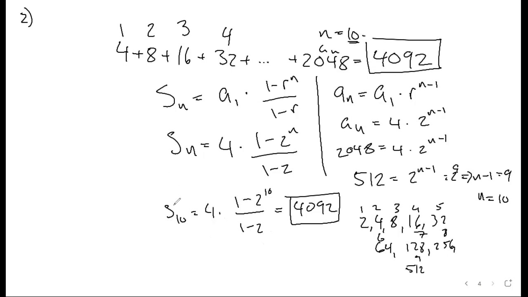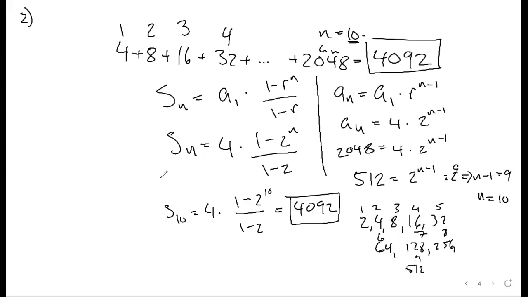Was that the last step that you wanted me to go over, Jesus? Okay. Yeah, you got 4,096. That could be right. Maybe I did it wrong. Let me check. Let me actually put it into my calculator. 1 minus 2 to the 10.